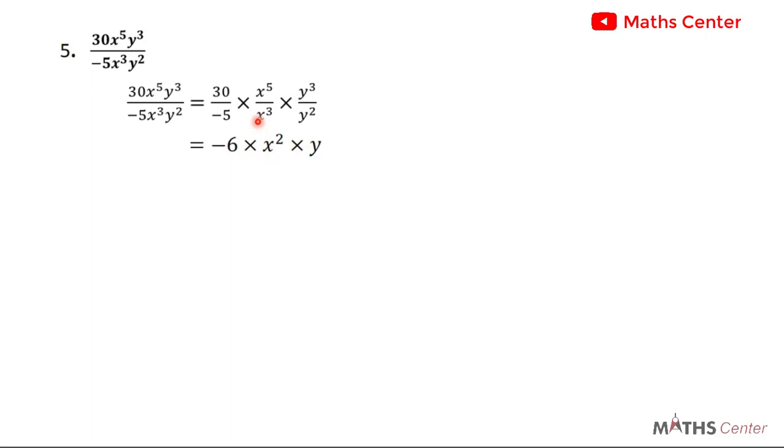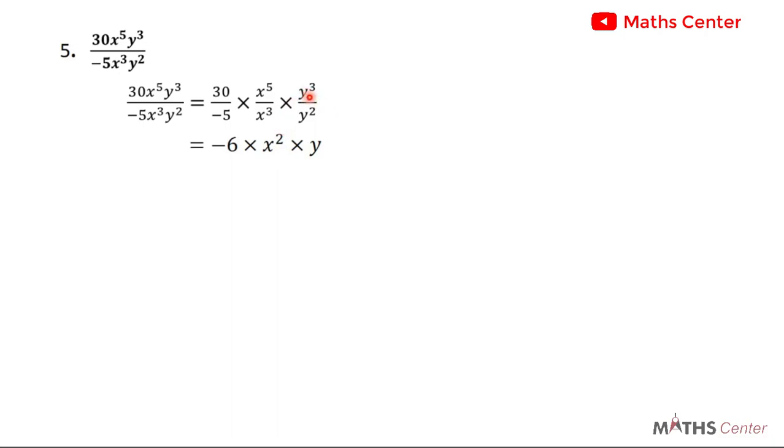In the laws of indices, we said that when numbers have the same base, all that you need to do is subtract the exponents. So since the base here is x and the base here is also x, you pick one of the bases, which is x, and you subtract the exponents. So we have 5 minus 3, and that gives us 2.